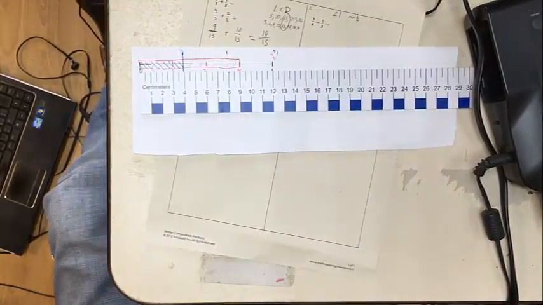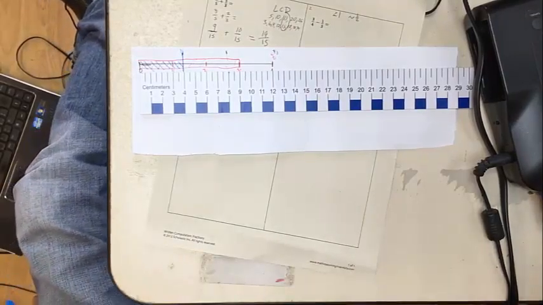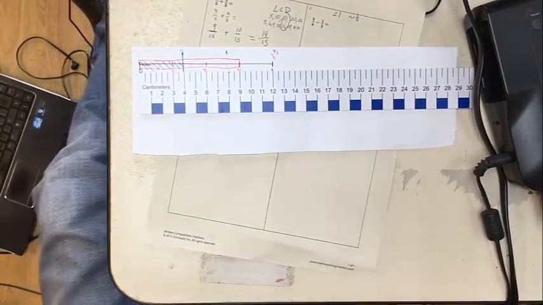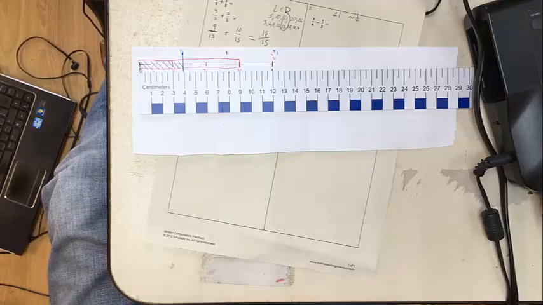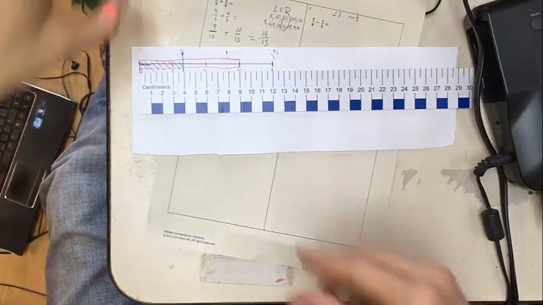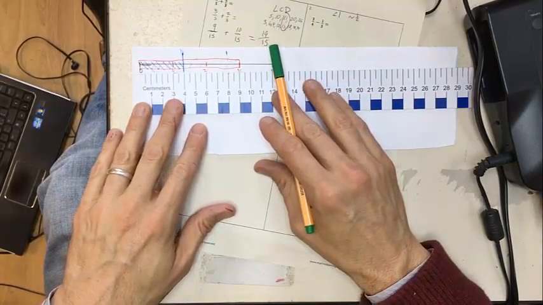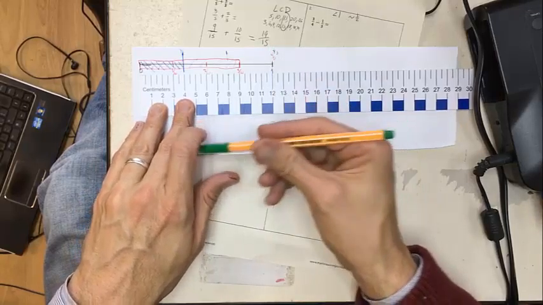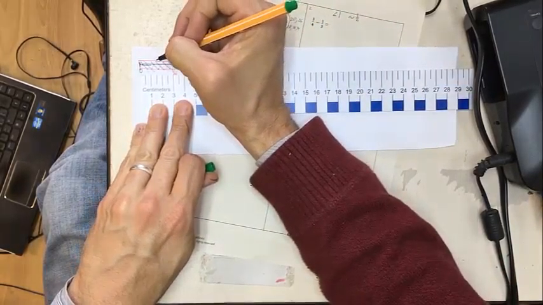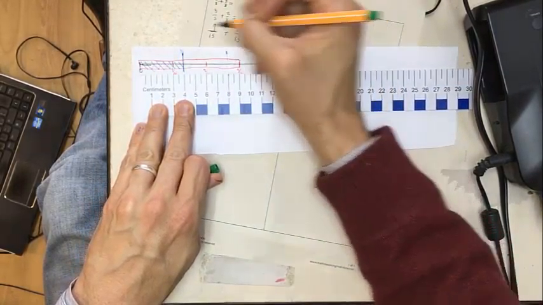So let's do a different color here. I don't think I did my final green color in the last one, so I apologize for that. So let's see what happens here. If I split this whole one into 12ths, right?